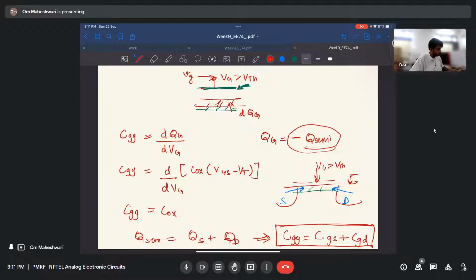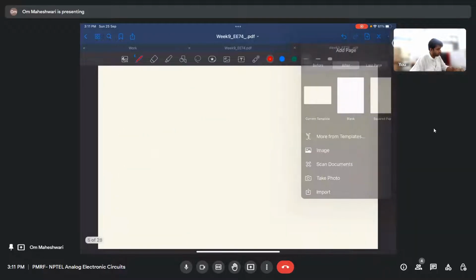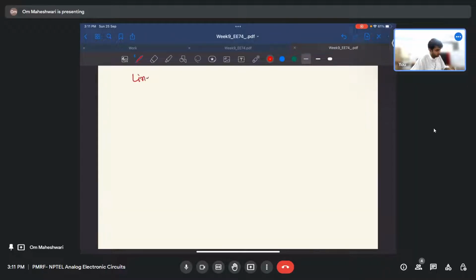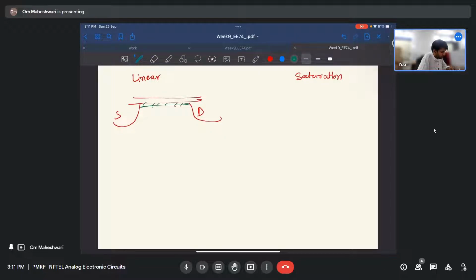Okay, now let us take two cases. One is the linear region and the other is the saturation region. In the linear region, again, let me draw it again. Source, drain. In the linear region, we apply a very small VD, let's say 50 millivolt. So the channel is still intact.